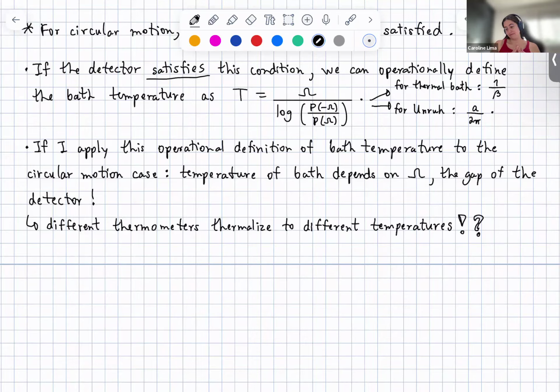That's really, really weird. So, as you can tell by now, my view is just that we're not talking about a thermal bath. This is not exactly the Unruh effect. So that's my take. Nevertheless, there are a lot of people in the field that defend that this is the Unruh effect and that they are going to test it using circular motion.